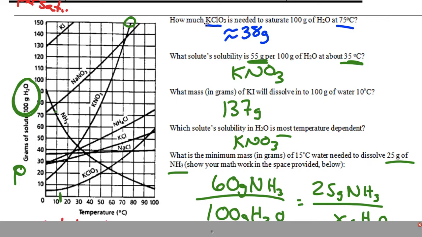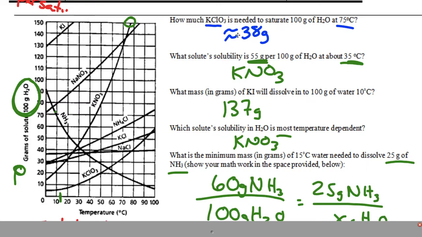So it says, how much KClO3 is needed to saturate 100 grams of H2O? So what you do is you go to 75 degrees, which is right here. Hopefully you can see my cursor. And I'm going to go up and find KClO3. So KClO3 is right there. So I go up 75, I hit my line, that's KClO3, and then I'm going to come across, and it's a little less than 40.